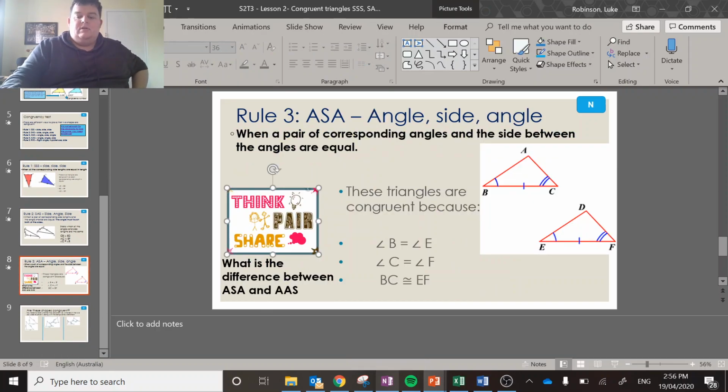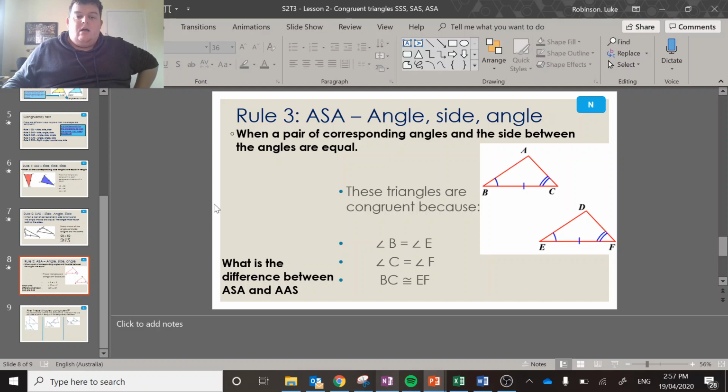Alright, this one, get rid of that now. Angle, side, angle, which is similar to angle, angle, side. They're basically the same thing. This is when a pair of corresponding angles and the side in between them are equal. So, angle B and angle E are the same. They've both got that one little line through. Angle C is equal to angle F. They've both got double lines.